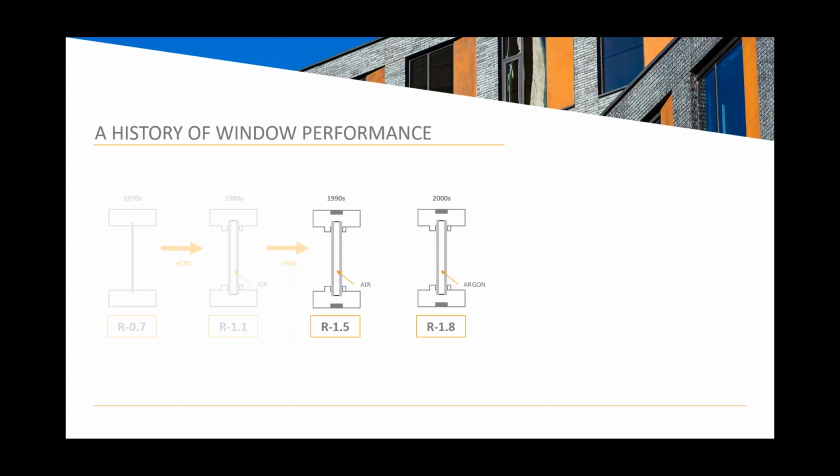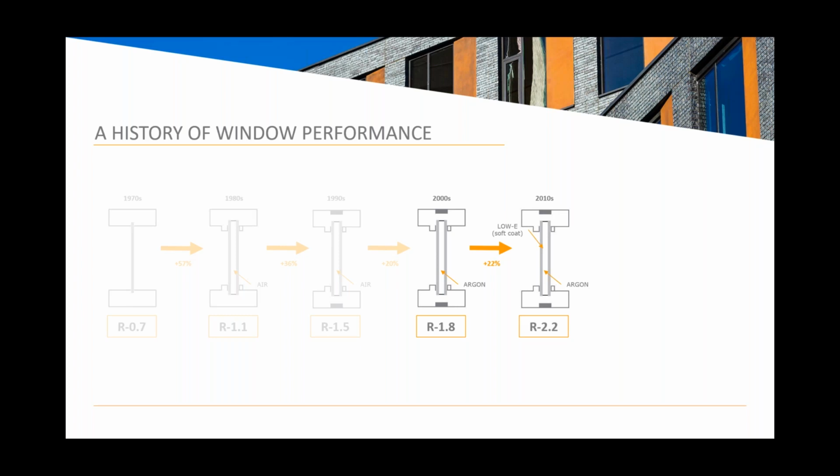And then in the 2000s, instead of air, argon was introduced as the filling material in between, and increased the performance by about 20%, but also increased cost by about 20%. And so in the 2010s, we saw low E coatings going on all glazed units and contributing to, again, another 20% approximately improvement in energy performance and also a 20% cost uptick.